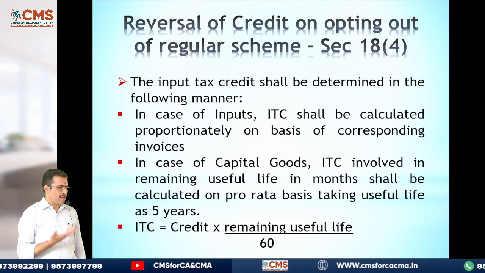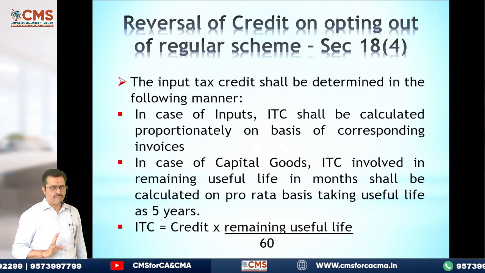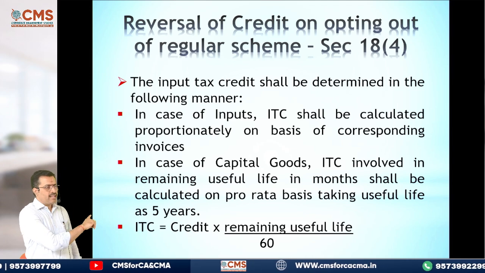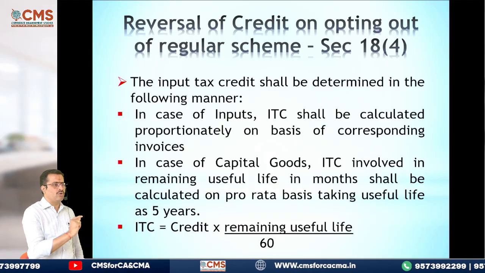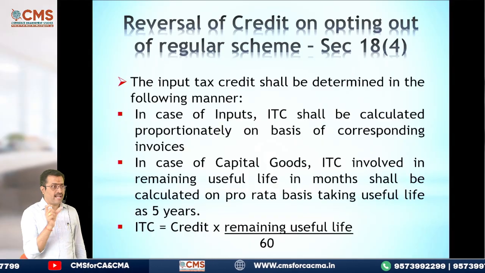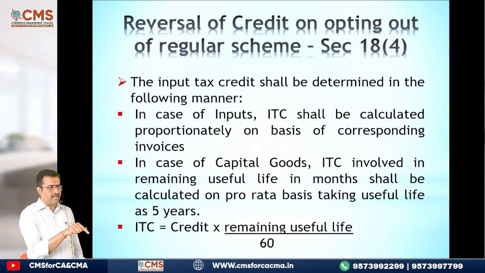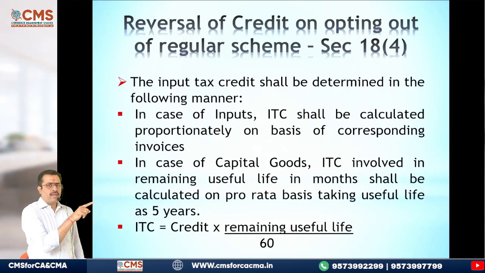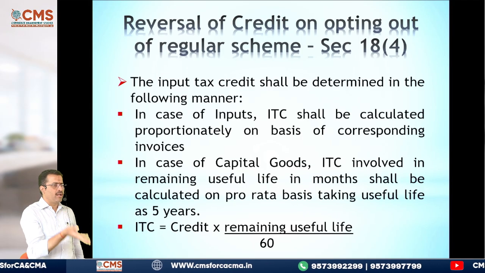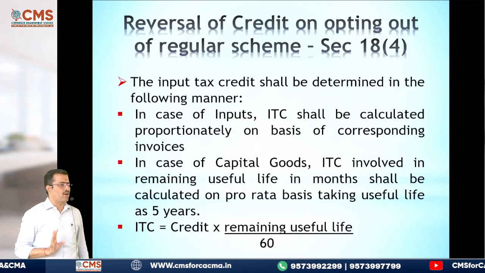What is the remaining? Come on, 54 is the useful life. Are you clear? So for that he gave you one formula. ITC to be reversed is equal to the actual ITC into remaining useful life, that is 54 divided by 60 in the example what I told.